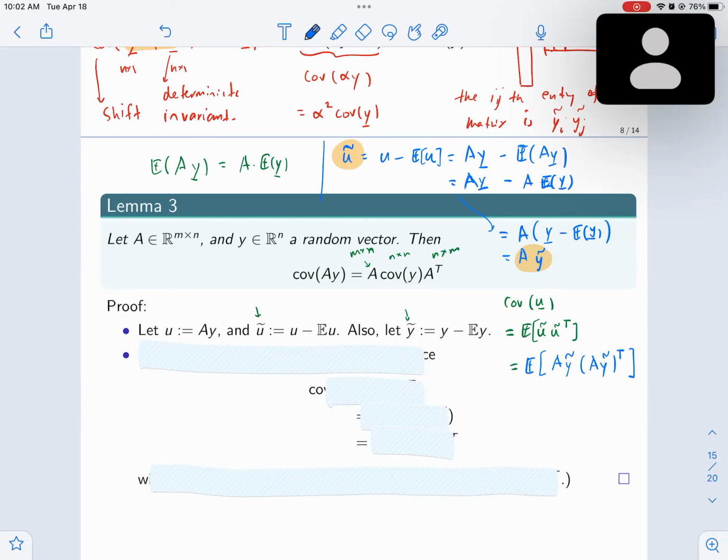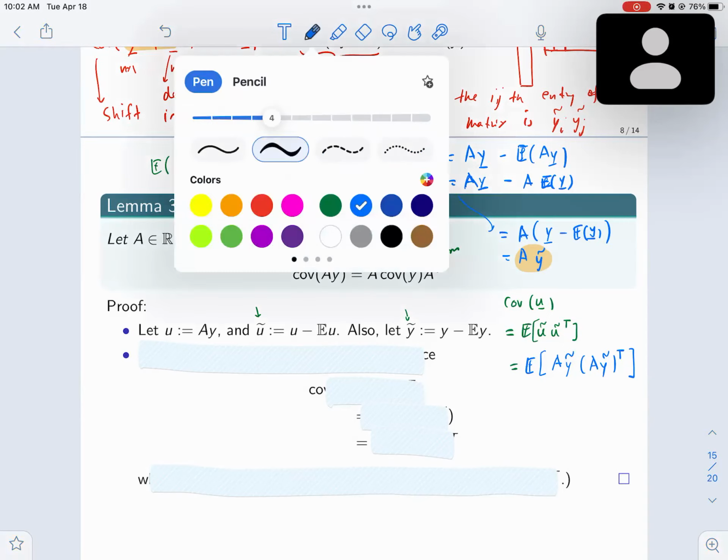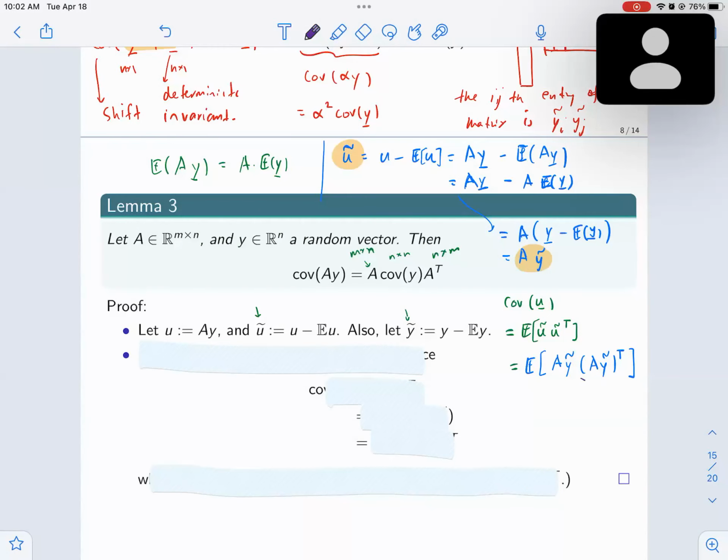Now you tell me what the next step is. Use the property of transpose. And then you distribute the transpose, so the order changes. Great. We're going to use the property of transpose: when you transpose a product of two matrices, the order changes, and you put a transpose on each one.